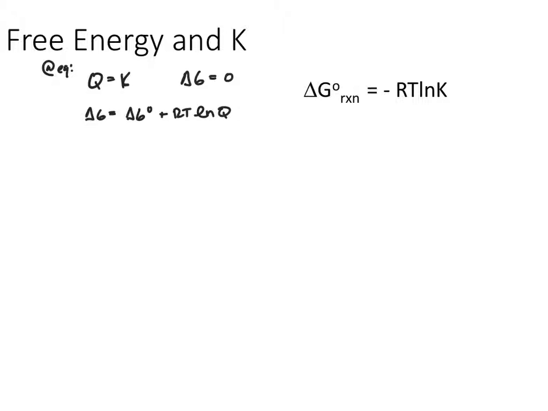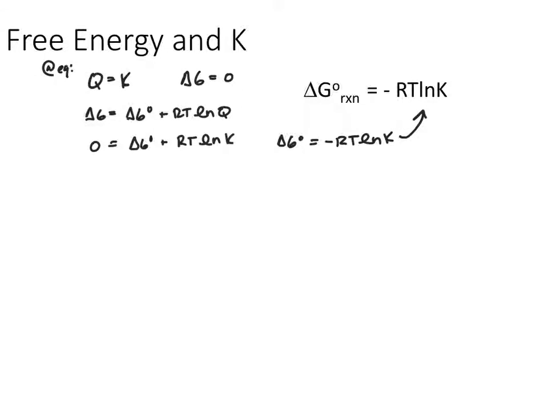Our Q and our K, because they are equal, give us RT ln K. Our delta G is equal to 0, and our G naught is still there. If we bring our RT ln K to the other side, we end up with delta G naught being equal to negative RT ln K.